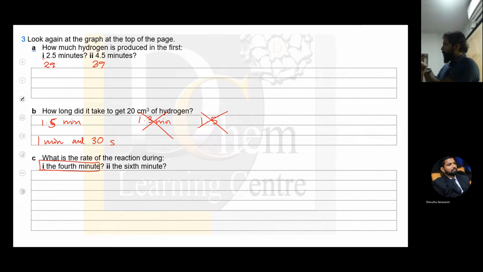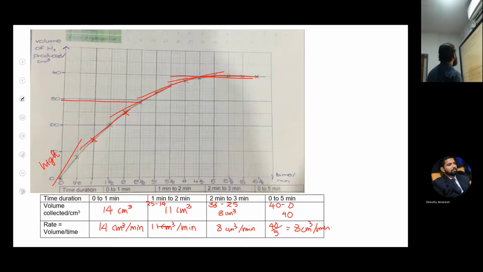The 4th minute means this is the first minute, second minute, third minute, and this is the 4th minute. First minute is 0 to 1, second minute is 1 to 2, third minute is 2 to 3. The 4th minute is 3 to 4.